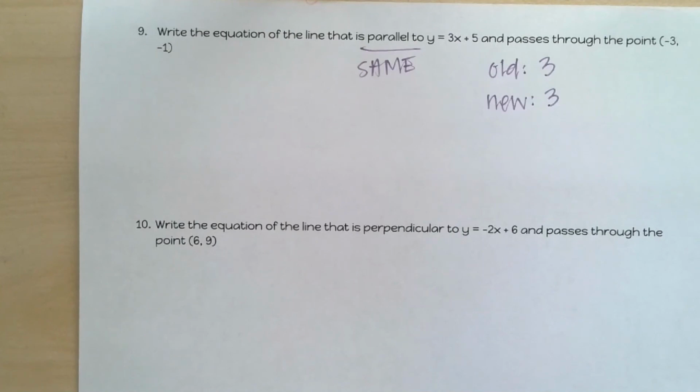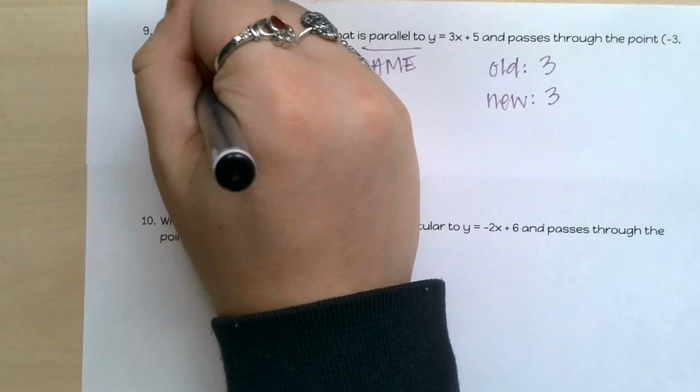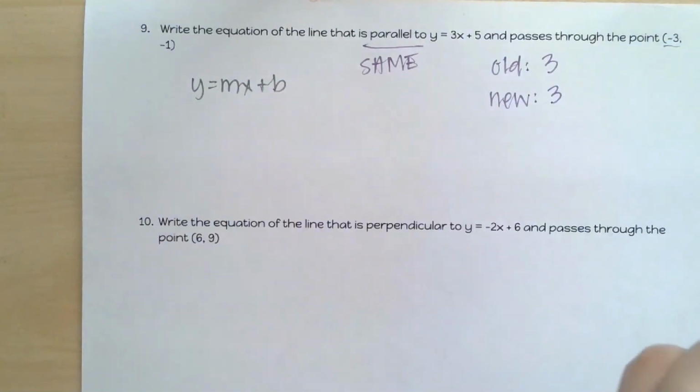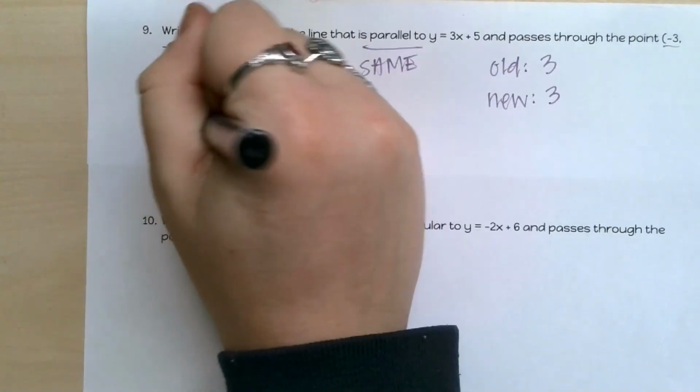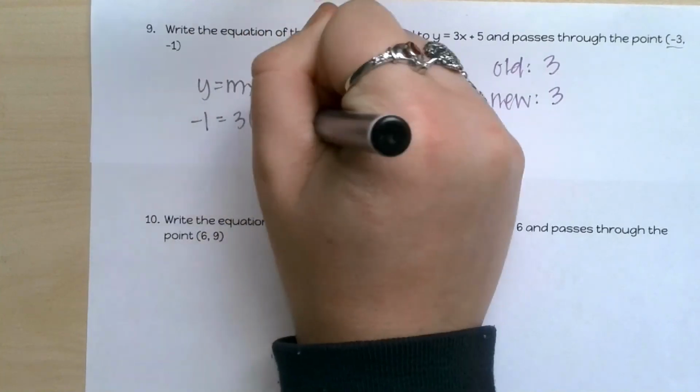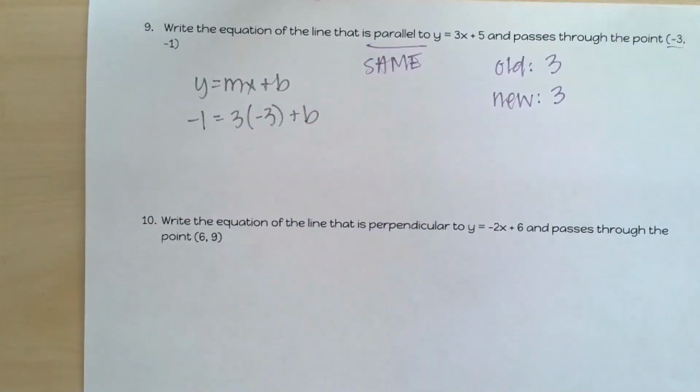Then your next step would be you plug in your new slope and your ordered pair that was given to you into y equals mx plus b. So you'd have -1 equals 3 times -3 plus b. And like we've just done, you'd go ahead and solve for b to then write your equation.